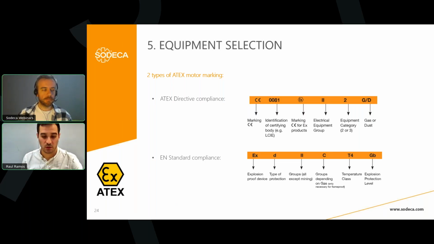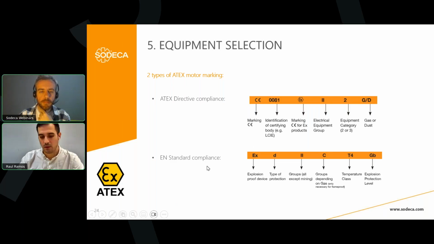Then we have the identification of the certifying body. Then the marking for ATEX products, which is this logo I showed you, but I didn't tell you in previous slides. Then the electrical equipment group, which is group 1 for mines, group 2 for the rest. The equipment category, 1, 2, or 3, and if it's for gas or for dust.